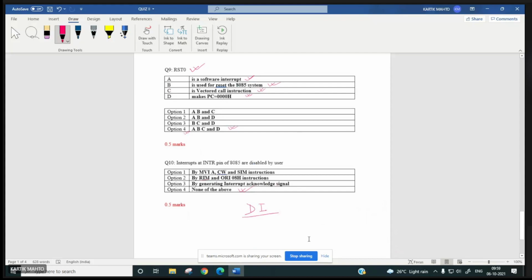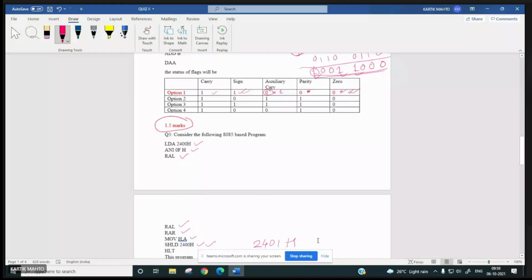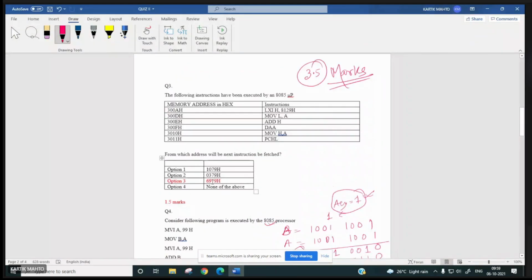While making these questions, I do not know how I wrote here. See, the main problem was here: this should be L comma A comma L, I should write.